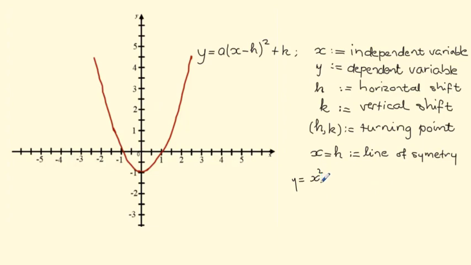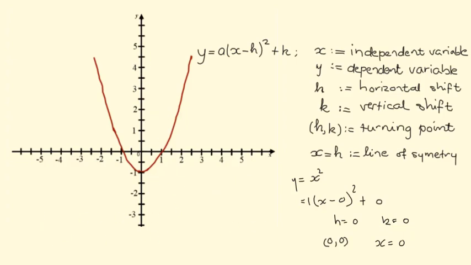If you wanted to write it this way, it would be 1 multiplied by x minus 0 squared plus 0, where h equals 0 and k equals 0. Then (0, 0) becomes the turning point, and x equals 0 becomes the line of symmetry.